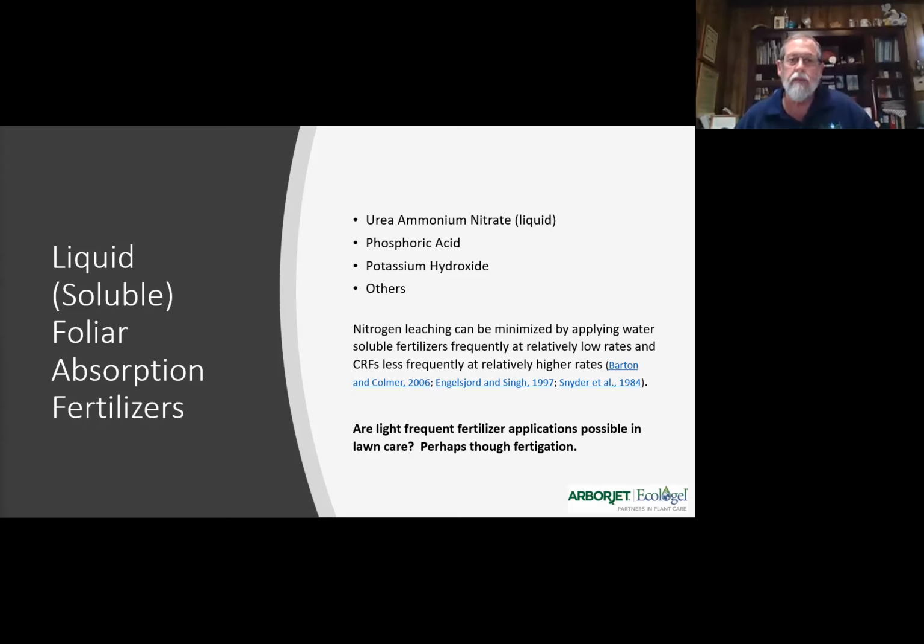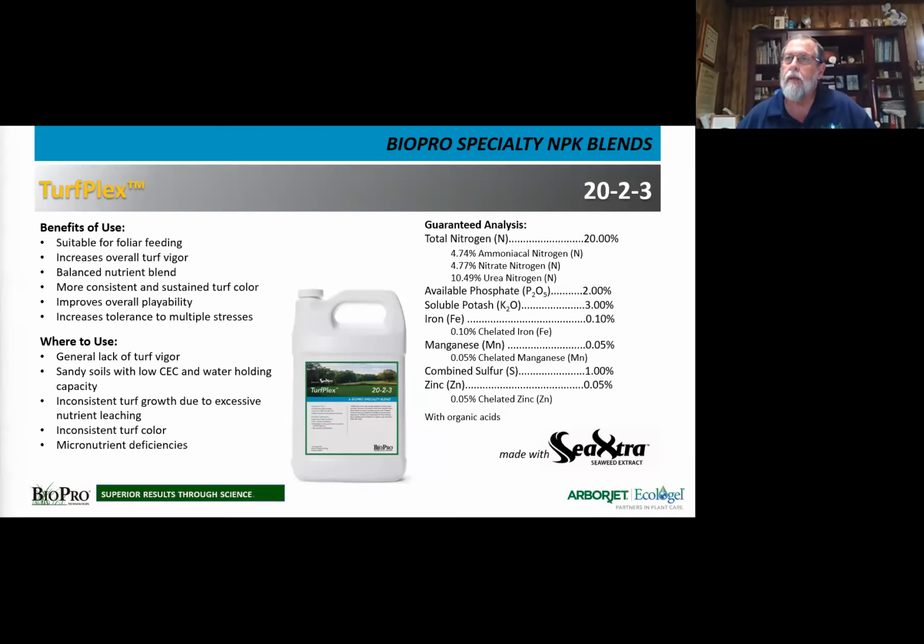So generally, I think we conclude that these highly soluble products are maybe not to be used exclusively in lawn care. But as an example of these, we have some products we make. Turfplex 22-3 is a foliar-oriented product that can go out at less than 1/10 of a pound of nitrogen per thousand, a very low rate, and it can go out every week to 2 weeks.